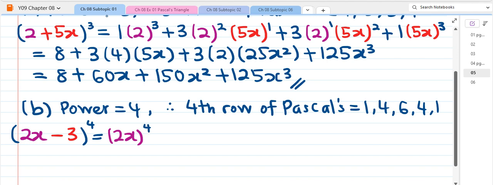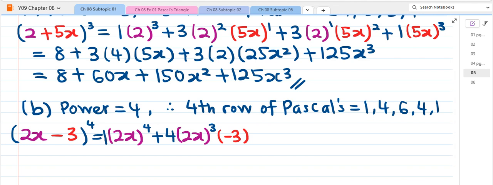The coefficient is 1, forgot to write that down. And then the next term will have a coefficient of 4, and your a, which is 2x, will have a power of 3, which is decreasing, and there is a negative 3. Your b will have a power of 1.